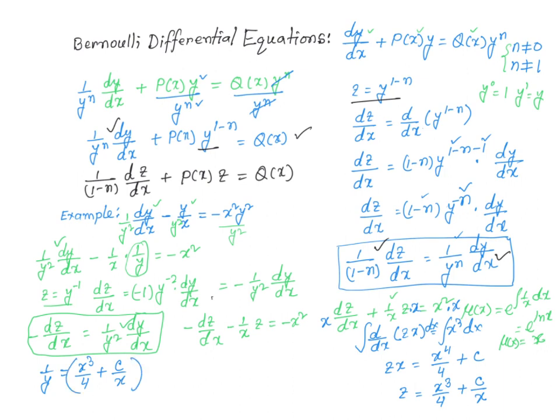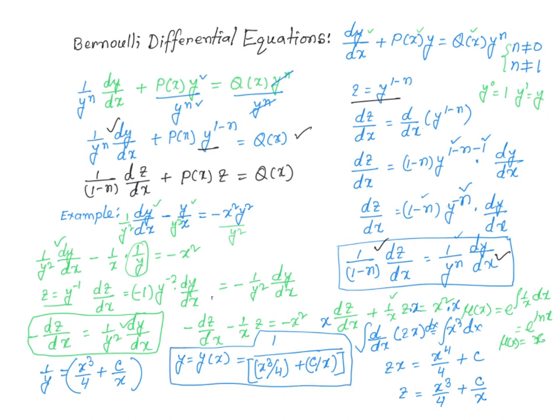Now if I simplify it, y of x is going to be equal to 1 over x cubed over 4 plus c over x. Let's put it inside a square bracket so that you can see it clearly. So that is my solution to the Bernoulli differential equation.